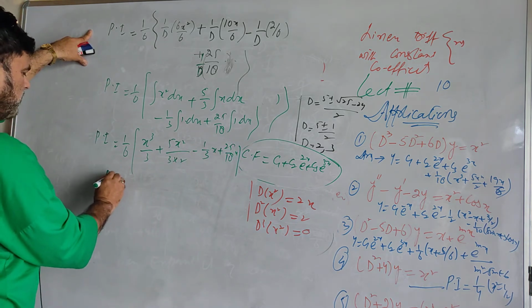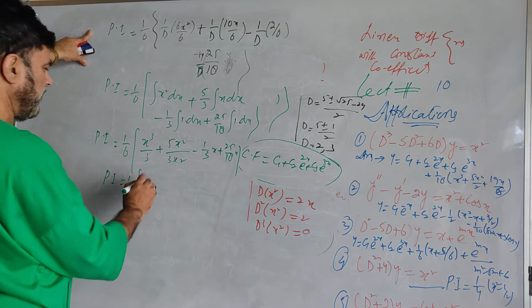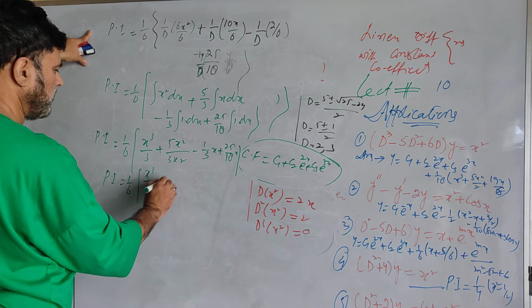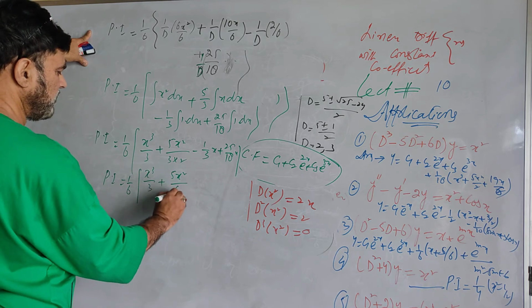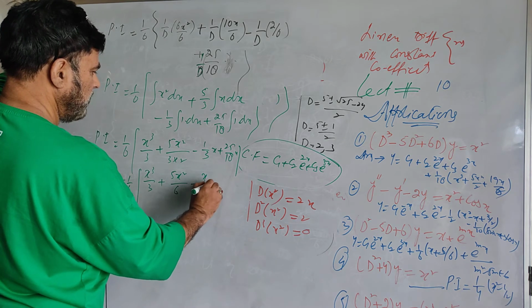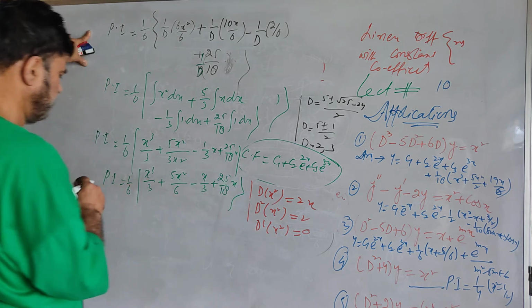So particular integral is 1 by 6, this is x cube by 3 plus 5x square by 6 minus x by 3 plus 25 by 18x.